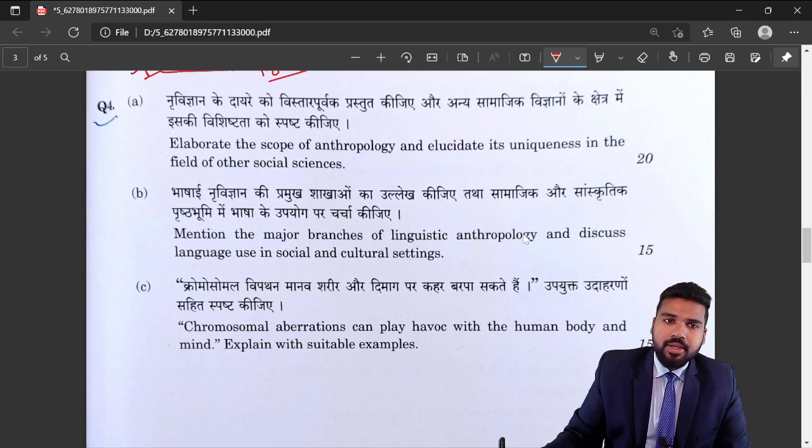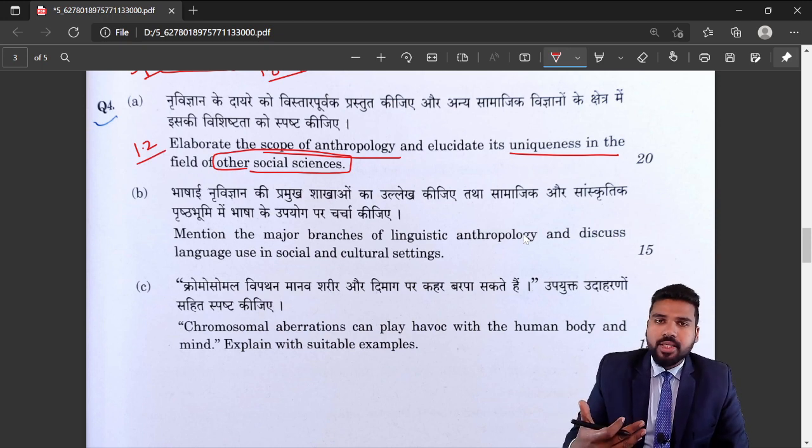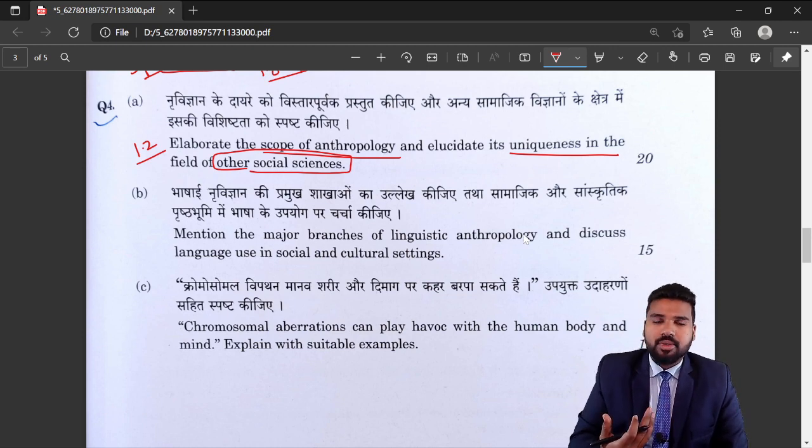See, fourth question, part A. Elaborate the scope of anthropology and elucidate its uniqueness in the field of other social sciences. Look at this. This is a direct 1.2, your anthropology and its relation with other social sciences, and 1.1, scope of anthropology. See, both have been merged and made in an integrated manner.